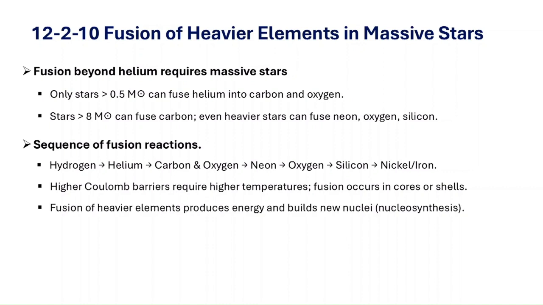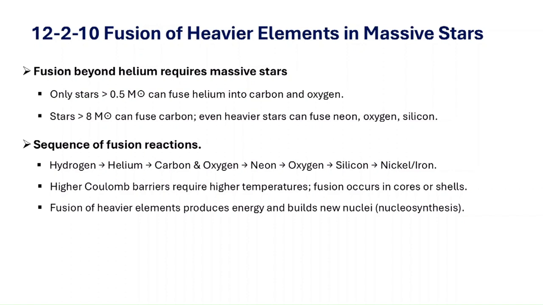Now the important thing here is that each reaction produces energy and builds new atomic nuclei, a process called nucleosynthesis. So this is literally how the universe creates the elements that make up planets, oceans and even our bodies.